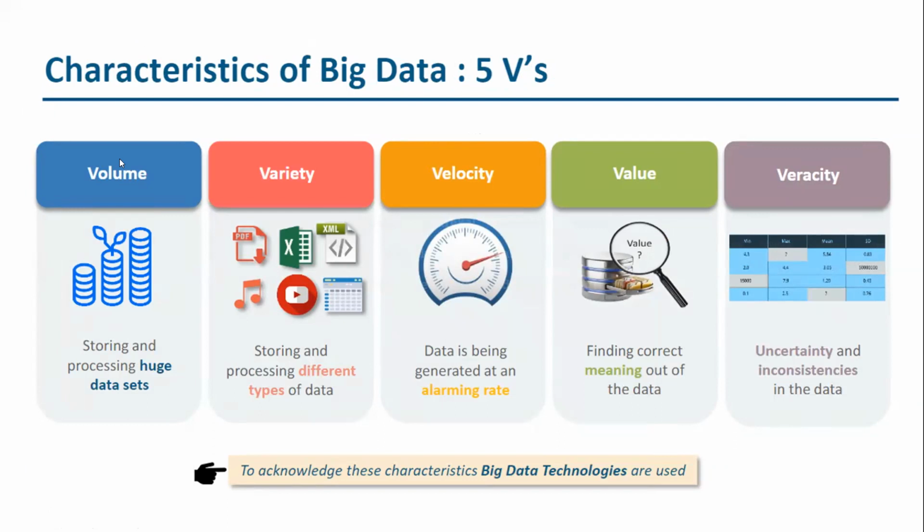Do not draw the diagram, just write the names. Point 1, point 2, point 3, point 4, point 5. And then point 1 definition, point 2 definition, point 3 definition, point 4 definition, point 5 definition. Write this way.